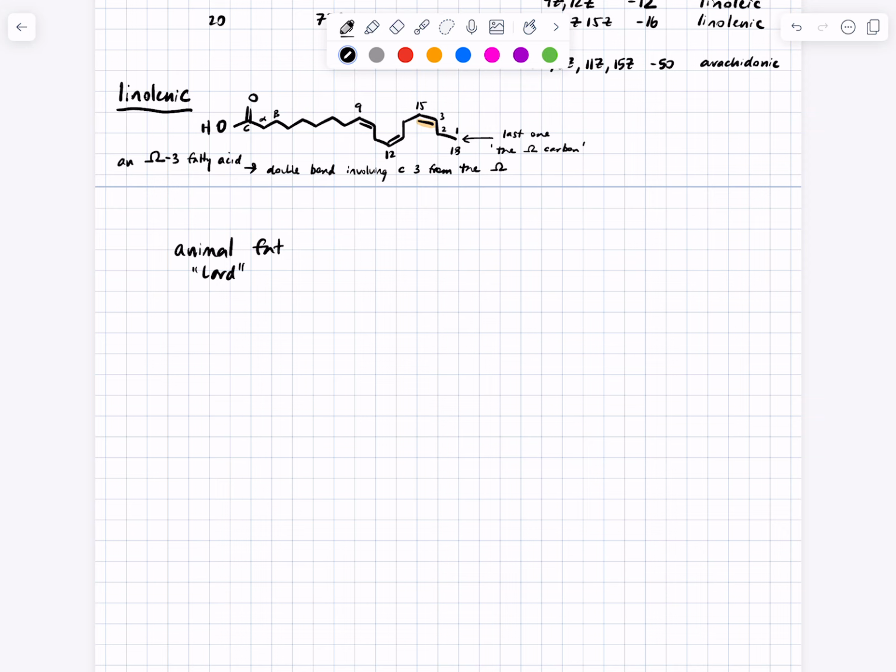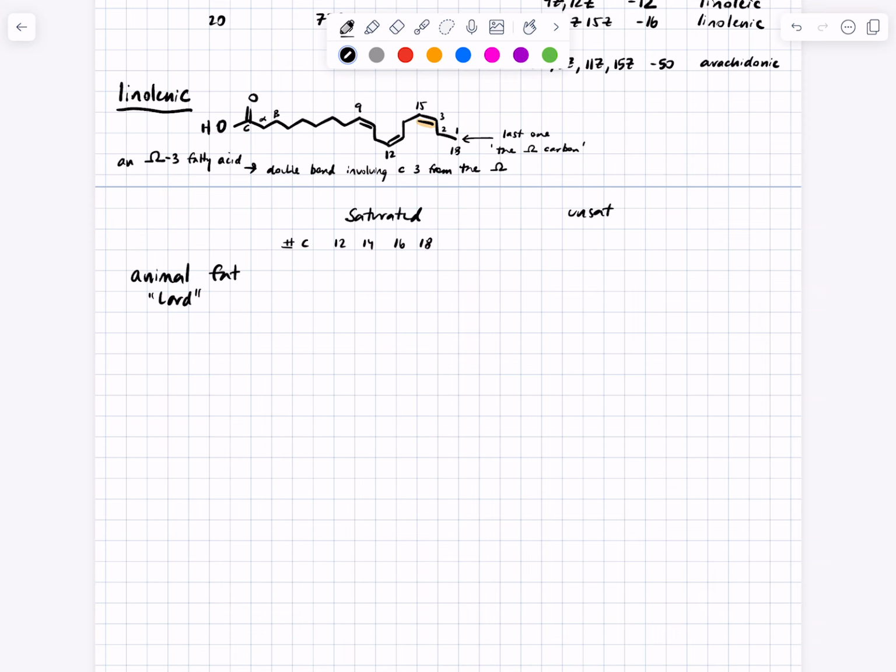Let's talk about the fatty acid composition of animal fat. This is what's in the triacylglycerol. We'll talk about the percent of fatty acids that are 12, 14, 16, or 18 carbons versus the unsaturated fatty acids.